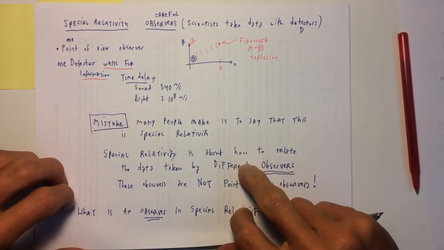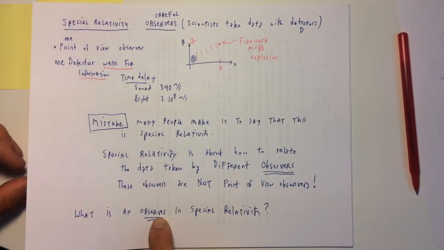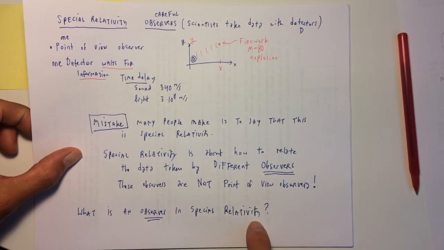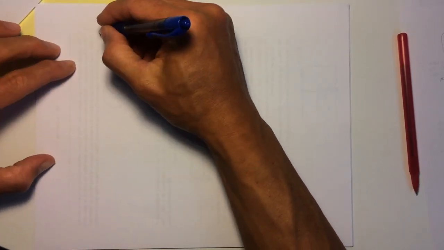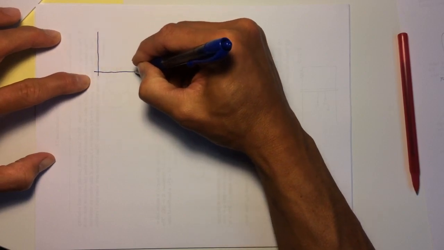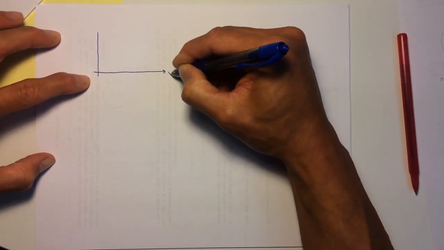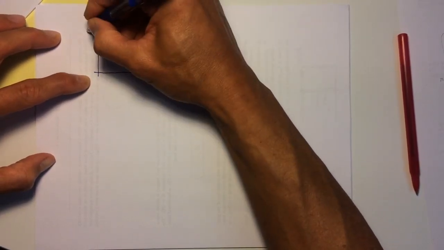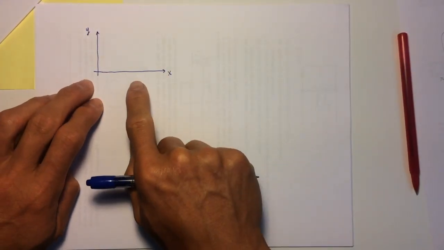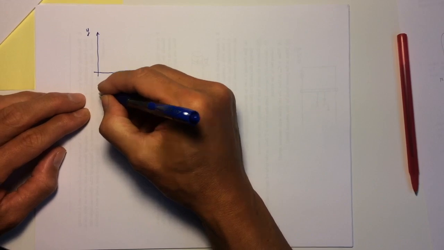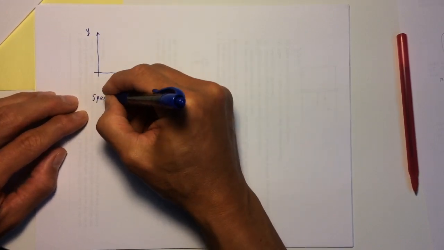So let me show you what one observer looks like when people do special relativity and refer to an observer. What I'm drawing is a coordinate system, and in this coordinate system here is a special relativity observer.